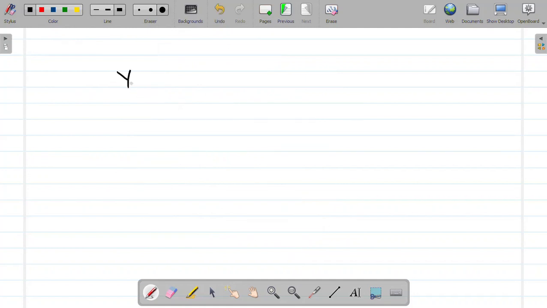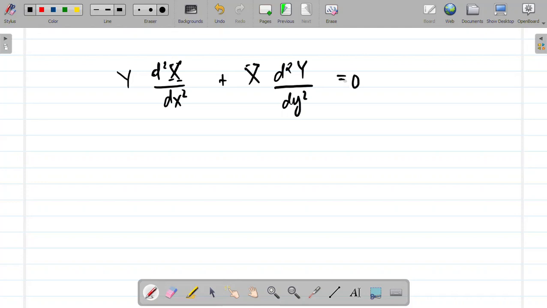Y d squared X over dx squared. Class, gawin na natin siyang total derivative kasi, ayun, sa x na lang siya nag-act. Plus big X, d squared Y over dy squared equals 0.